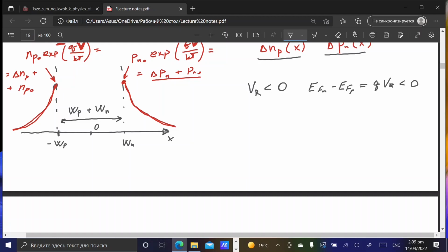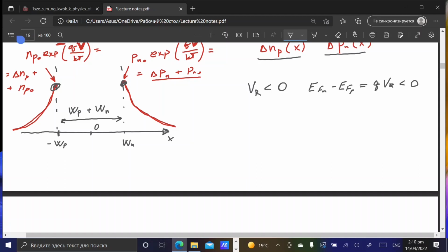You mean like here and here? It can be both. It can be either bigger or smaller. It all will depend on the level of doping of the N and P type regions. But here we consider that they are more or less the same, because that's the case when we have a symmetric p-n junction, so the thicknesses of the depletion regions are similar, and then the concentration of these excess non-equilibrium minority charge carriers in both regions will be the same.